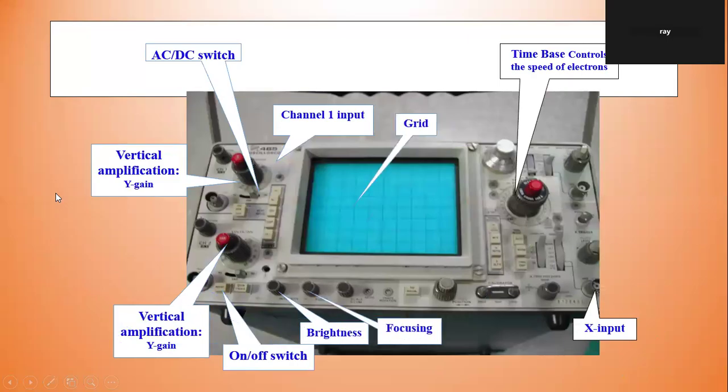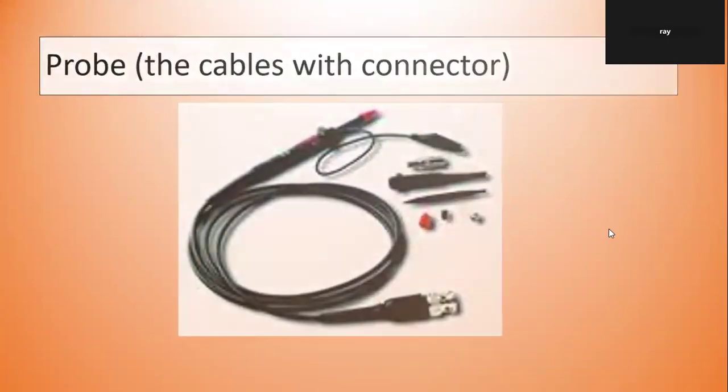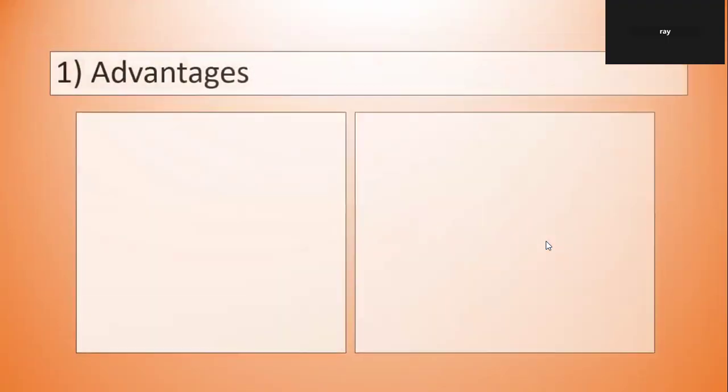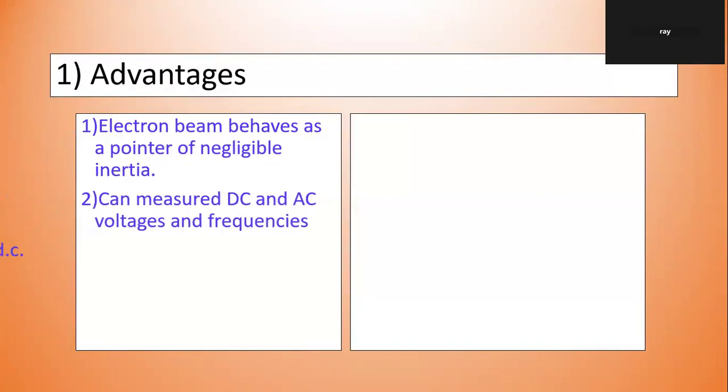When I studied in New Zealand, we were only allowed to use this in second year. First year, something cheaper. This is the probe, a cable with connector. That's the ground, the thing you clip onto. So it's two wires together.